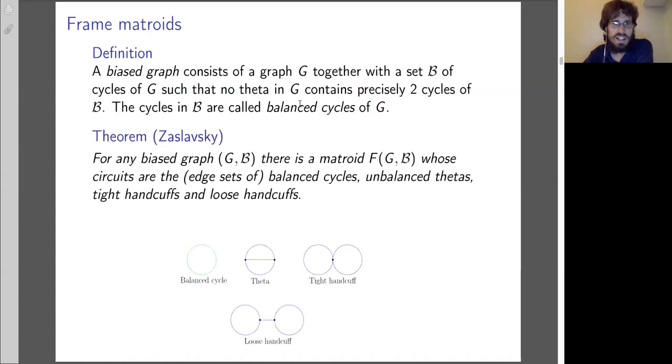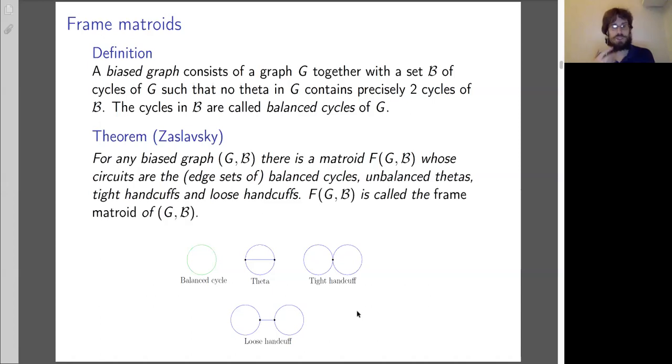And now Zaslavsky showed that for any biased graph, if you run this construction, if you take the edge sets of subgraphs of these types, you will always get a matroid. And these matroids are then called the frame matroids for the corresponding biased graphs.